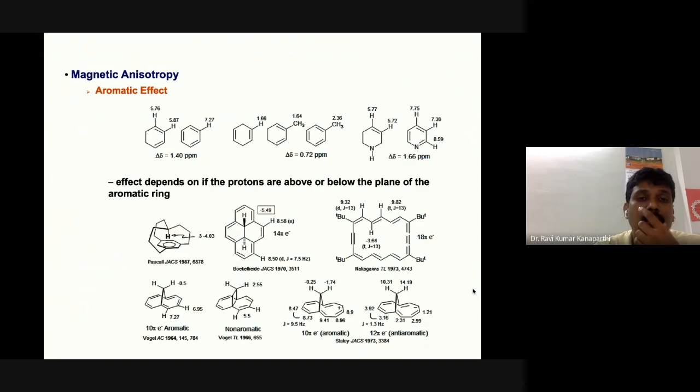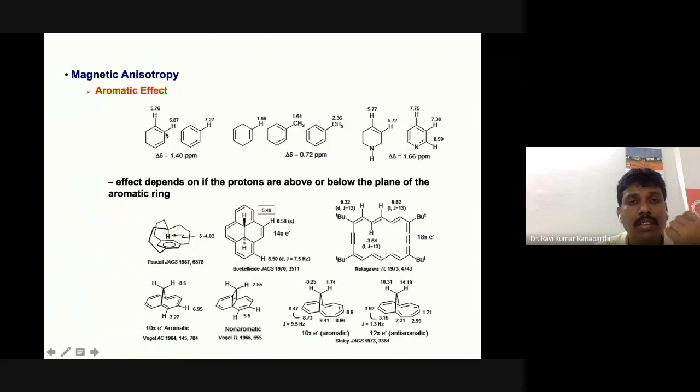The magnetic anisotropy of aromatics is really nice for various reasons, which we will discuss as we proceed. But you can notice here, let's say you have this cyclic diene, and if you compare its chemical shift values with the aromatic protons, you can understand how this is happening.